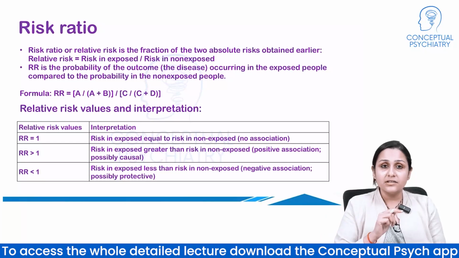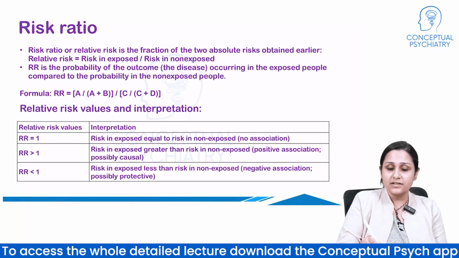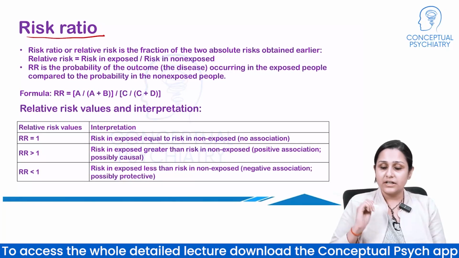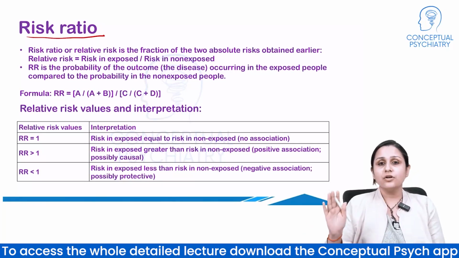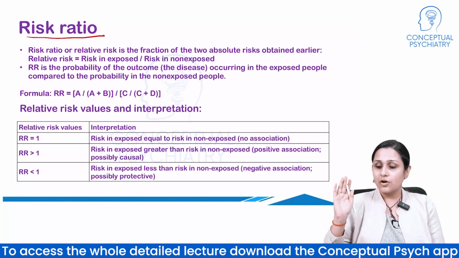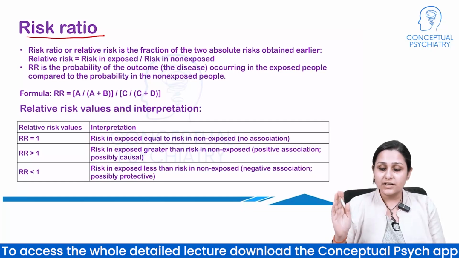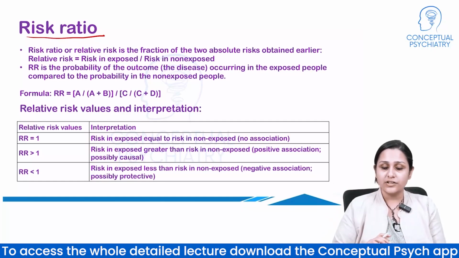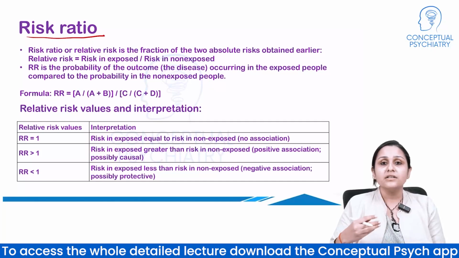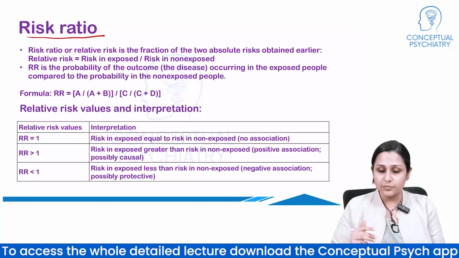All right. Another important ratio that we can derive, but only from a cohort study, is a risk ratio or relative risk. It is the fraction of the two absolute risks obtained earlier, risk in exposed versus risk in non-exposed. It's the probability of the outcome occurring in the exposed versus the probability in the non-exposed people.